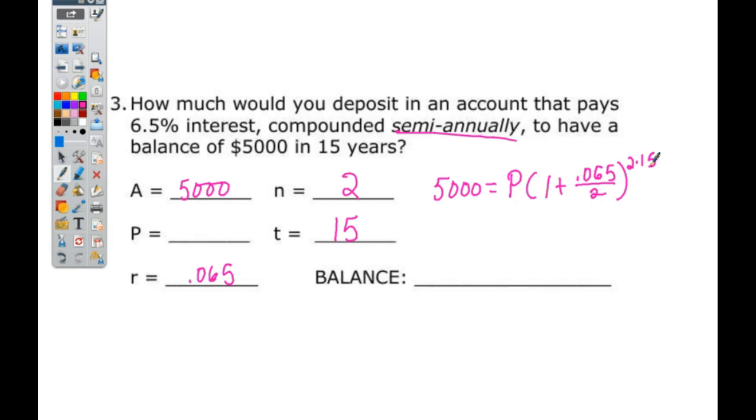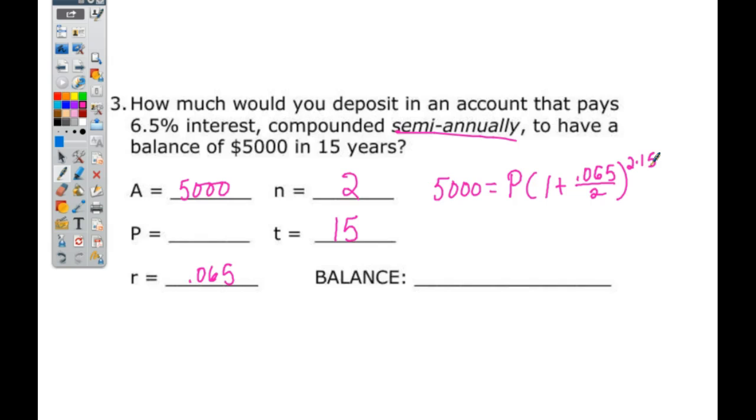Okay, so to find the P, I'm going to get this number, but I'm going to have to take 5,000 divided by this number to get P, right? So on your calculator, we're going to get this number, but I'm going to store it so we can divide and get the right number.